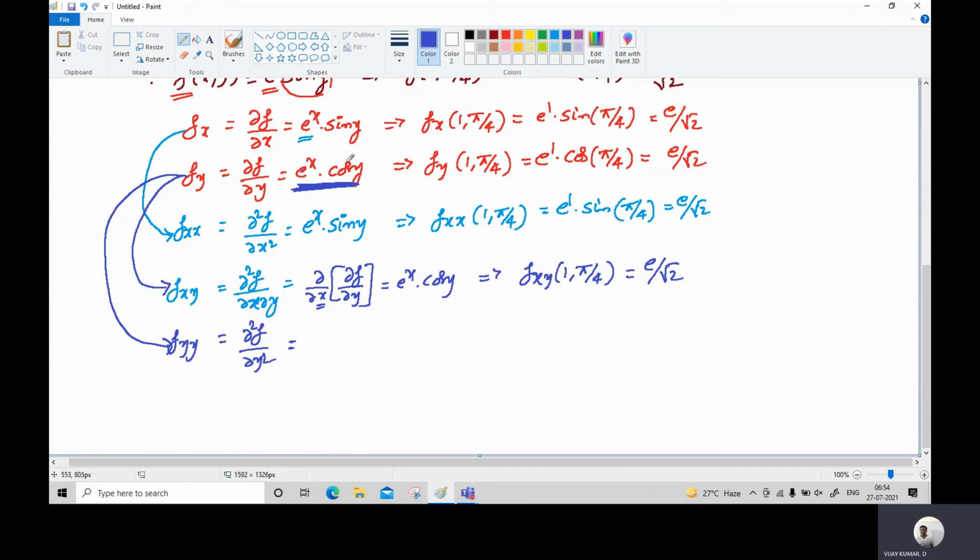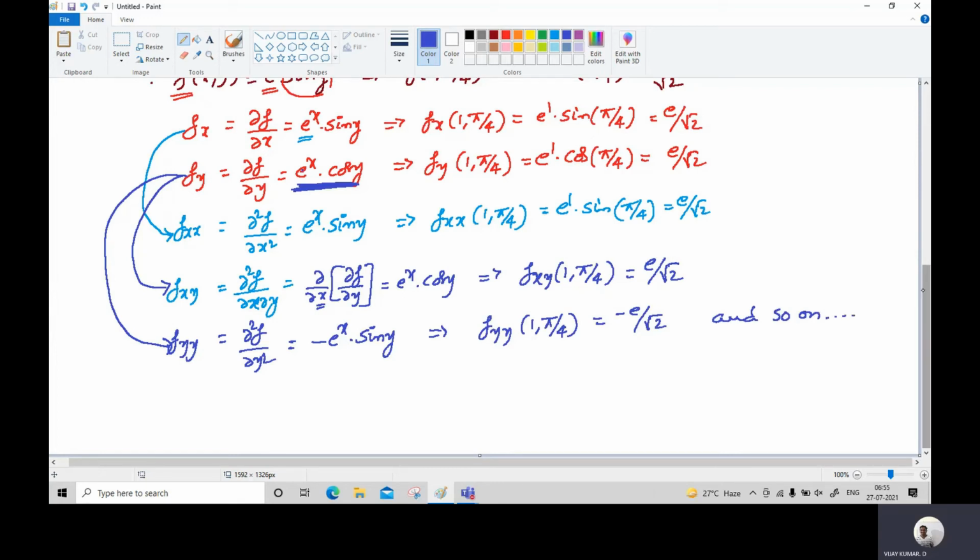The partial derivative of cos y with respect to y is minus sin y. So you will get minus e power x into sin y. Replace the point: f_yy at (1, pi by 4) is equal to minus e by root 2, because sin pi by 4 is nothing but 1 by root 2, and the minus sign is there. You should write, and so on. Similarly we can find the third order partial differentiation also.